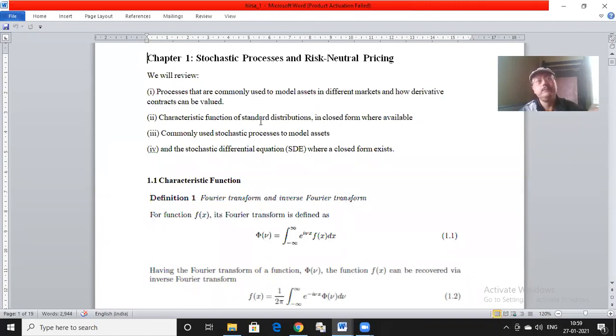Then we'll get into those which can be written out explicitly, but have to be numerically solved. And finally, we'll get to situations where even the equations cannot be written out explicitly, but we will still have simulation to tackle them. So those models we will review in the first chapter.